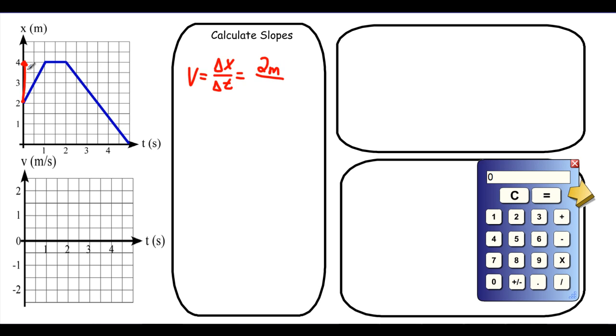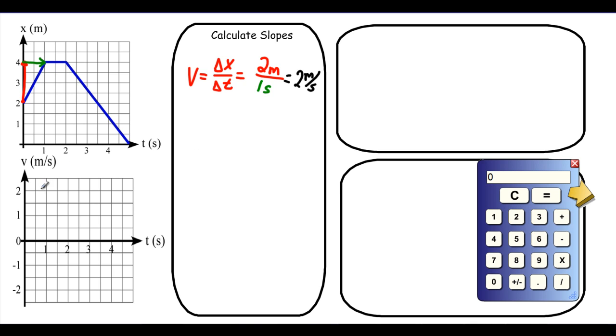And my delta t, I start at 0 seconds and I go to 1 second, is going to be 1 second. And so my answer is going to be 2 divided by 1, which is 2 meters per second. So for this first leg of my journey, I'm traveling at 2 meters per second.